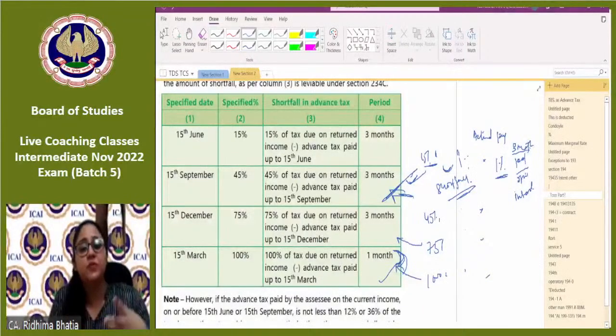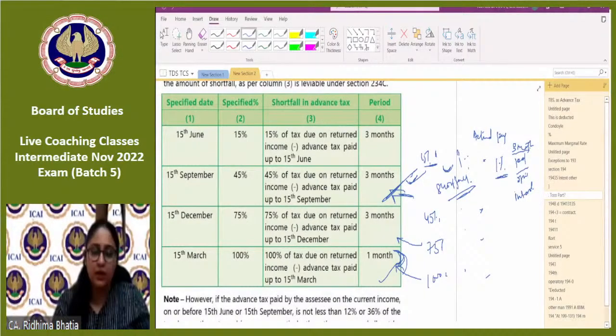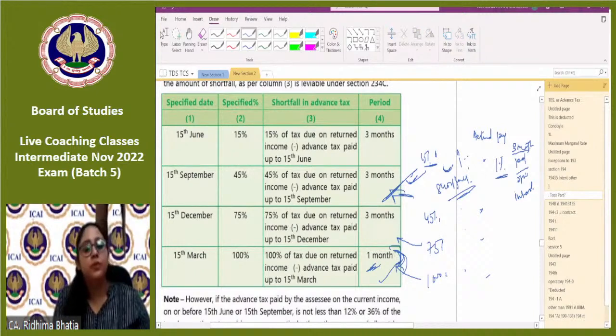After 31st March, whatever the shortfall is, you're already calculating 234B, and nowhere in income tax same amount पे double interest या double penalty नहीं लगता. On very particular cases, but same amount पे double interest नहीं लगेगा, right? So 31st March के बाद already you are calculating 234B. So this is practically for that 15 days period, but it is per month for part of the month. So last installment pay will calculate the interest for 1 month.